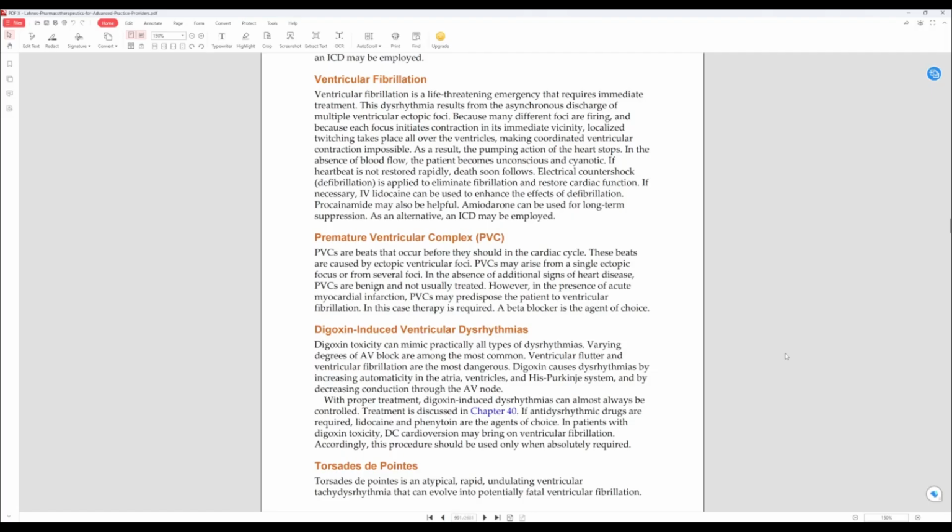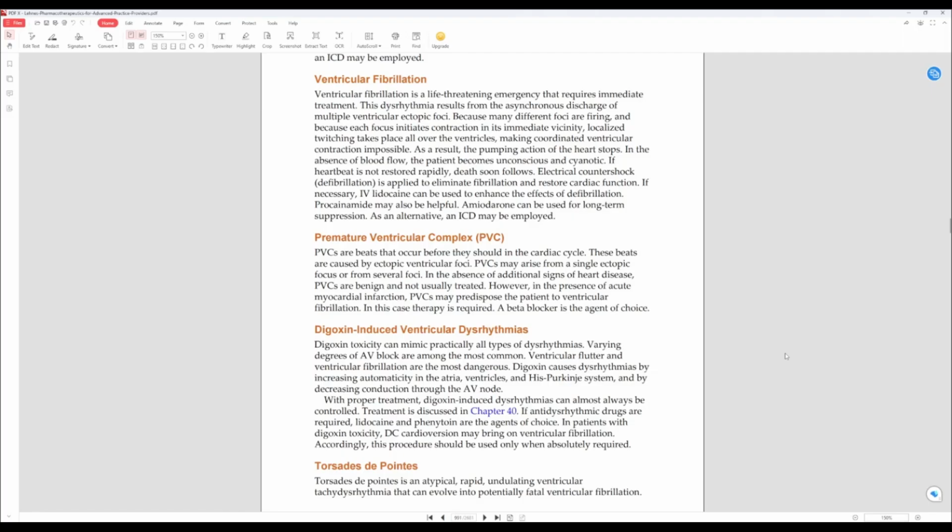Because many different foci are firing, and because each focus initiates contraction in its immediate vicinity, localized twitching takes place all over the ventricles, making coordinated ventricular contraction impossible. As a result, the pumping action of the heart stops. In the absence of blood flow, the patient becomes unconscious and cyanotic. If the heartbeat is not restored rapidly, death will soon follow.